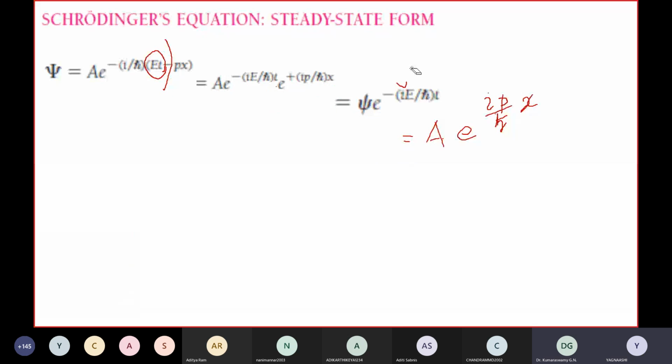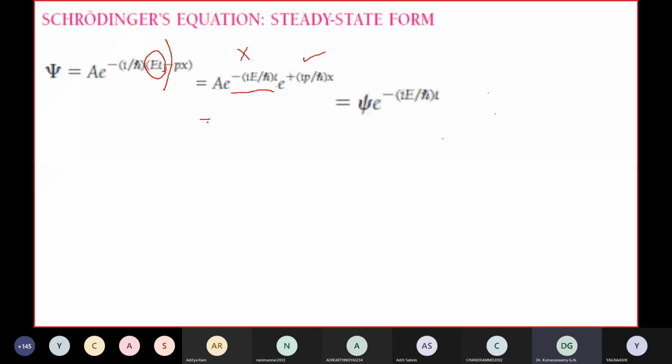So now you understood that one is the time dependent form. This time dependent form doesn't affect the particle, whereas this part affects the particle, right? Do you agree? Yes, sir.